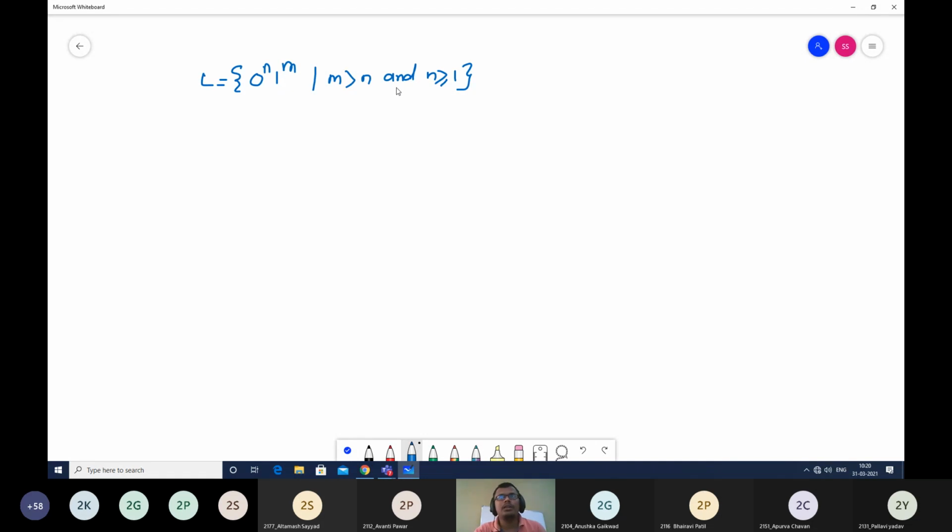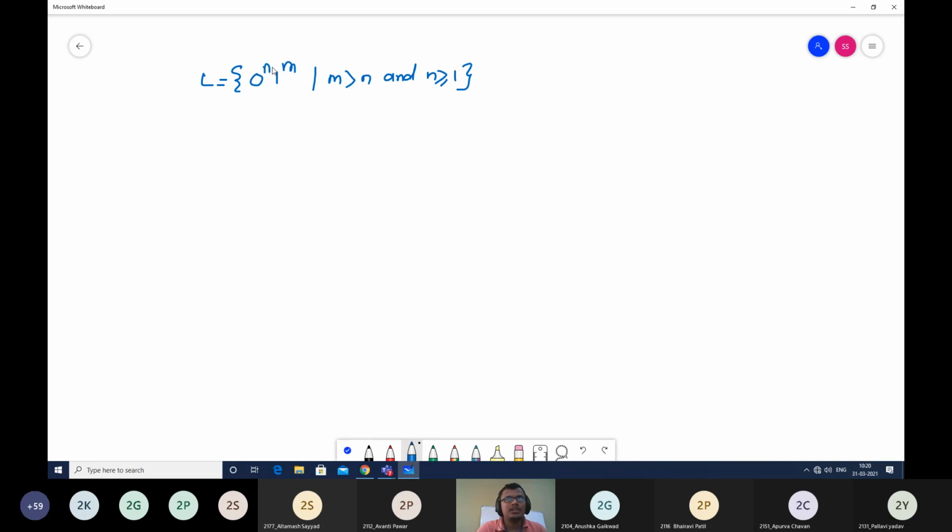What is the second condition given here? That n is greater than or equal to 1. So it indicates that we have at least one zero in our string, because n is greater than or equal to 1.